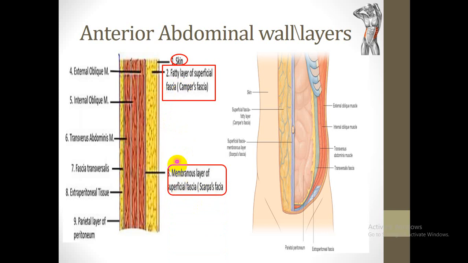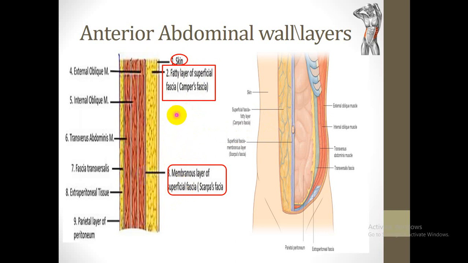When we consider these two layers as one layer of superficial fascia of the anterior abdominal wall, we have 8 layers. And when we divide it, as I said before, into a fatty layer and a membranous layer, I obtain 9 layers.